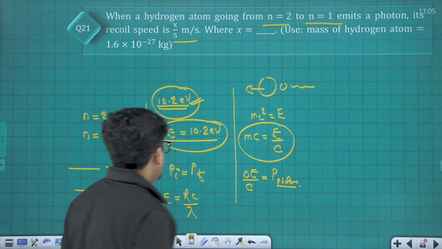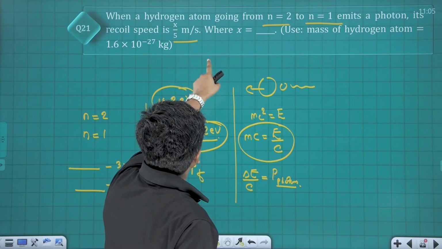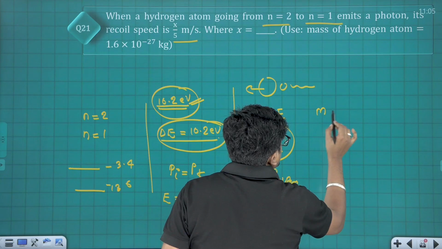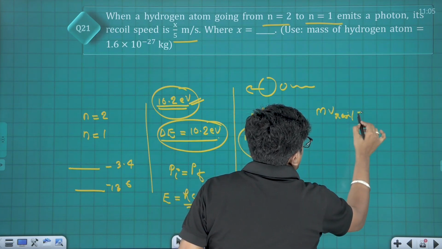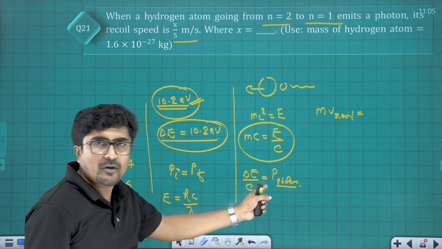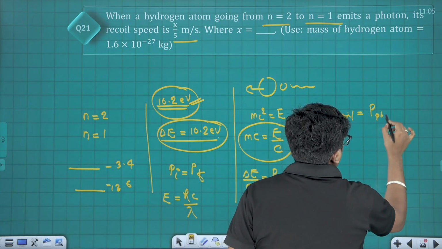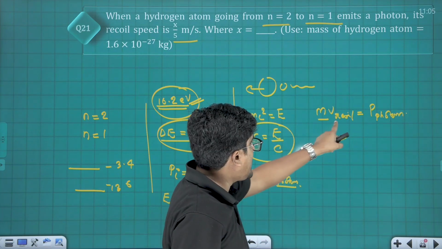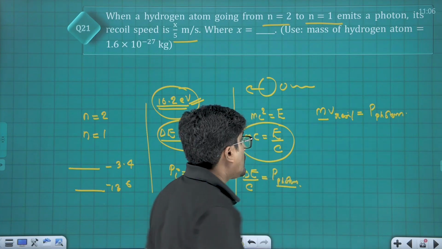Now the mass of hydrogen into recoil speed should be equal to the momentum of photon. Mass of hydrogen multiplied by its recoil speed needs to be equal to the momentum of photon.